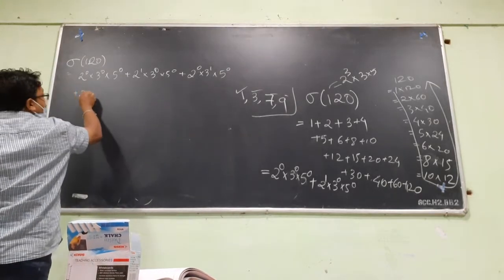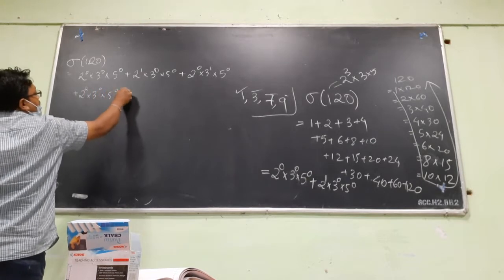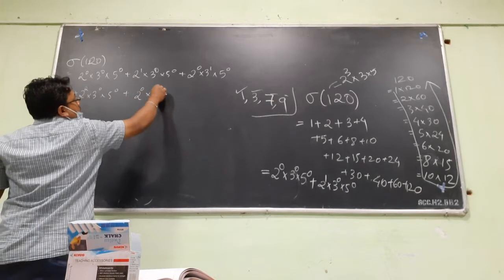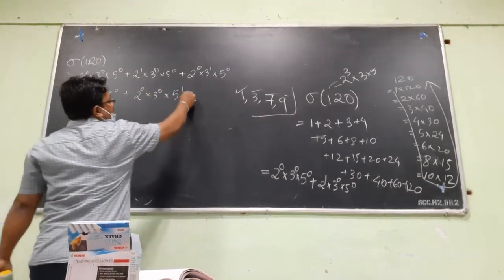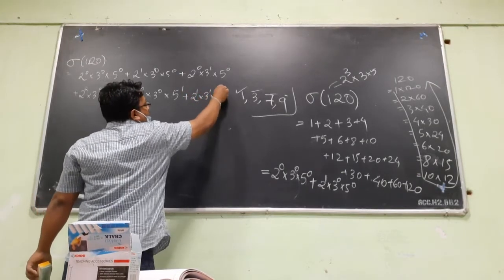Then 2 square can be written as 2 square into 3 to the power 0 into 5 to the power 0. 5 can be written as 2 to the power 0, 3 to the power 0 into 5 to the power 1. 6 can be written as 2 to the power 1, 3 to the power 1, 5 to the power 0.